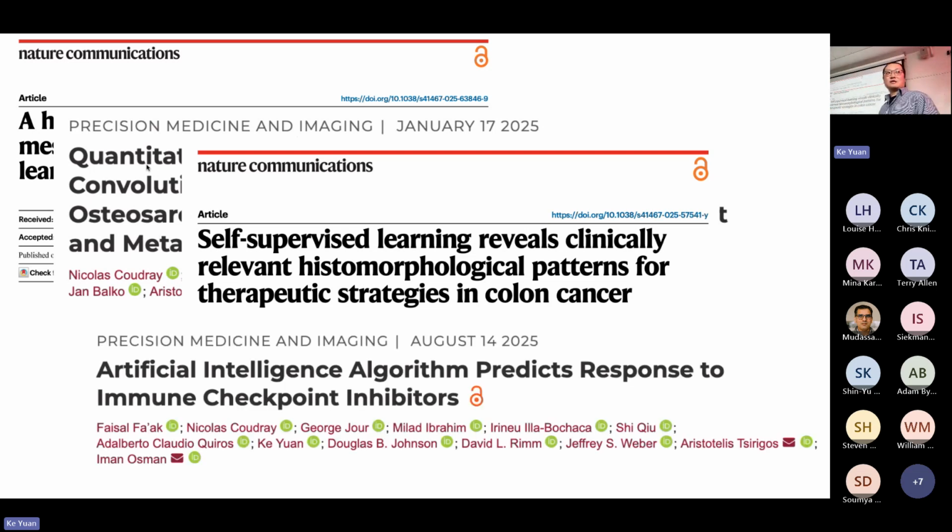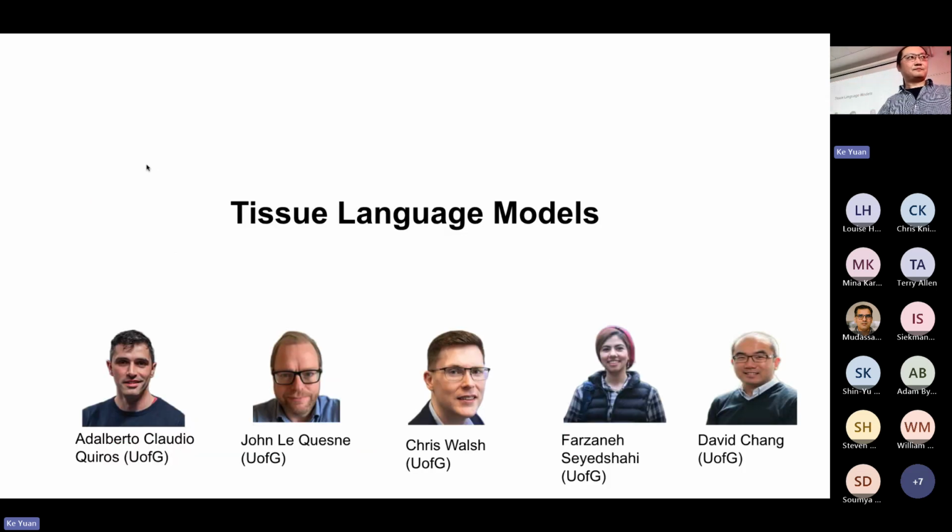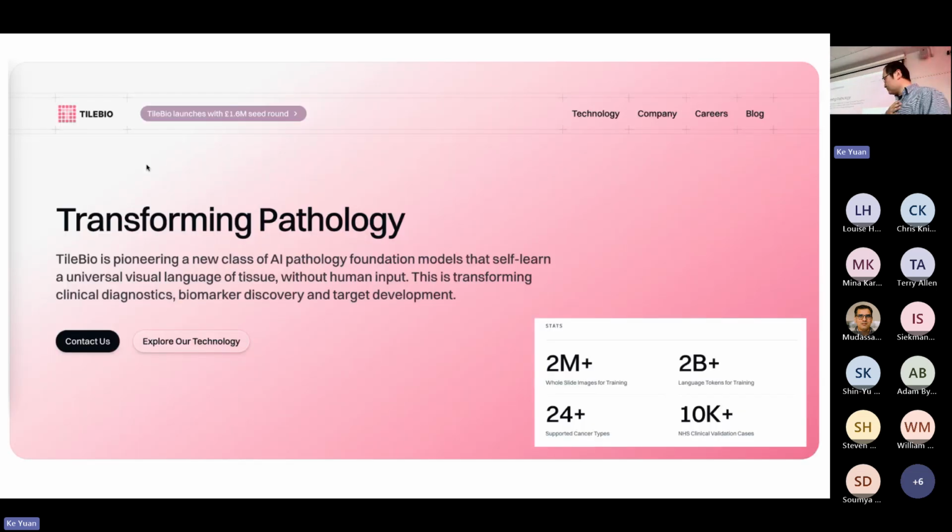They also look at responses to immune checkpoint inhibitors, and they also find those clusters can predict them in the case of melanoma. So for us, we were basically puzzled by why clustering frequency is so predictive compared to a deep learning or attention-based approach.